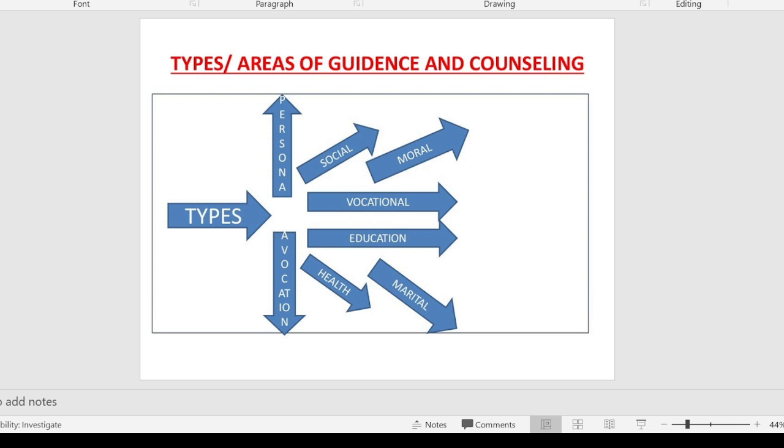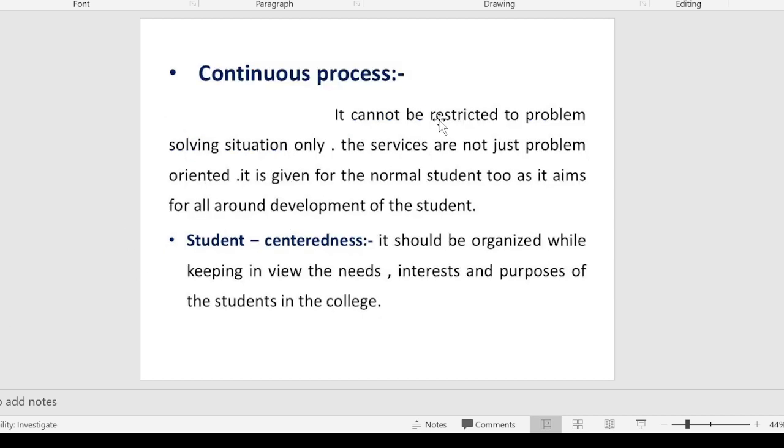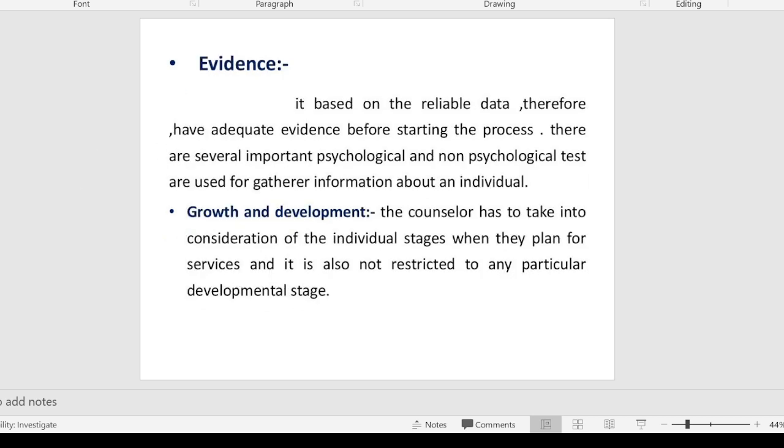So these are the different principles you have to follow. Already in this class I have explained the definition of guidance, then the definition of counseling, then the principles. It is always universal, goal oriented, and a continuous process, and student centeredness or client centeredness we can say.